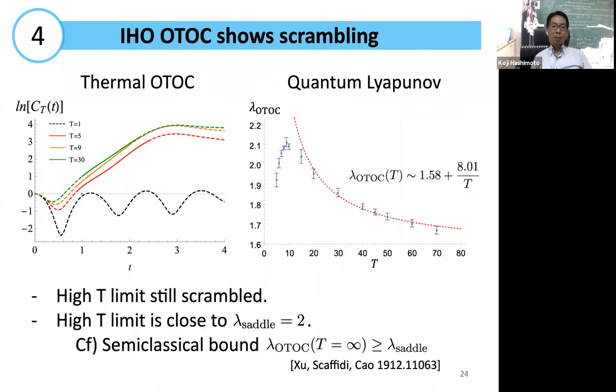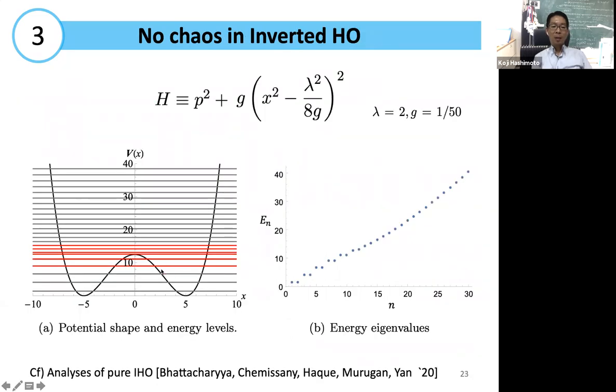Okay, the result is here. The thermal OTOC is plotted here with the vertical axis in log scale, as a function of time. At lower temperature, it is really periodic, since quantum mechanically at low energy levels, the particle actually moves in the classically harmonic oscillator potential at the bottom.